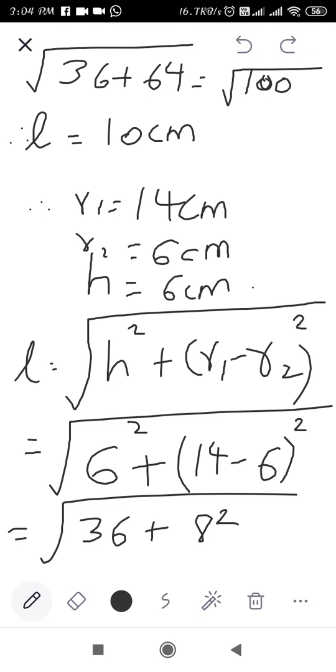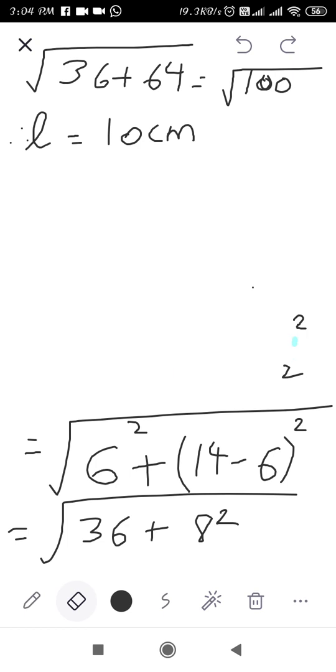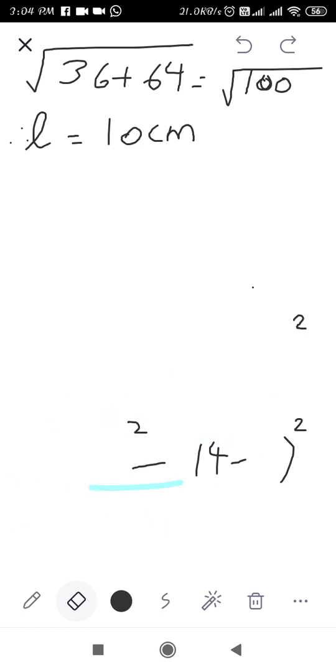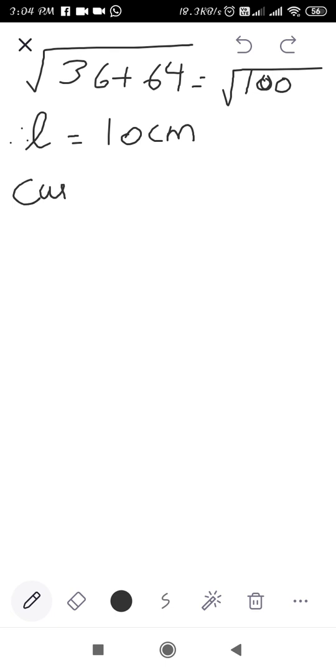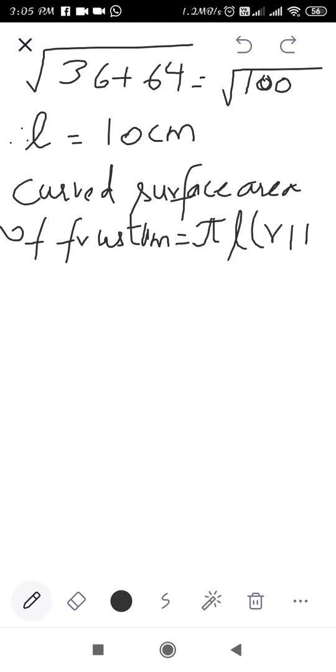Now we will find the curved surface area by using the formula. Okay. So formula for curved surface area of frustum is equal to pi l into r1 plus r2.